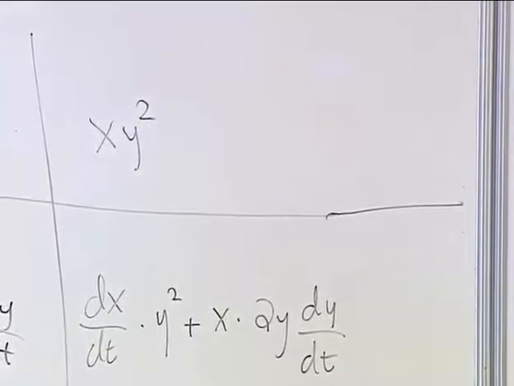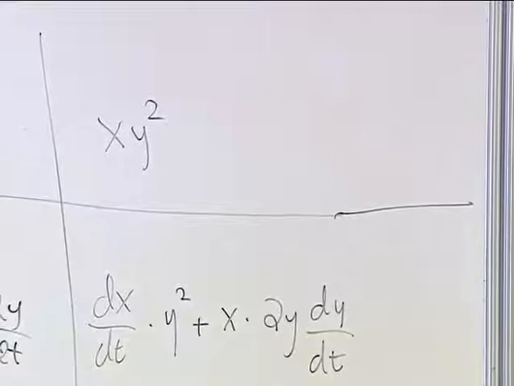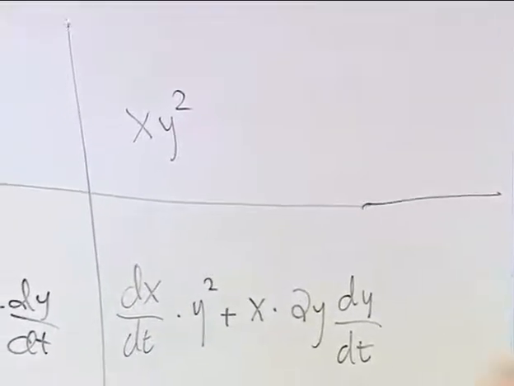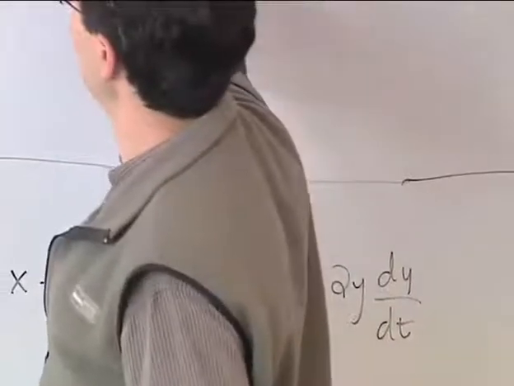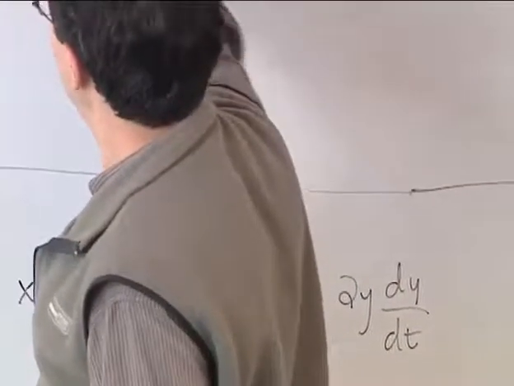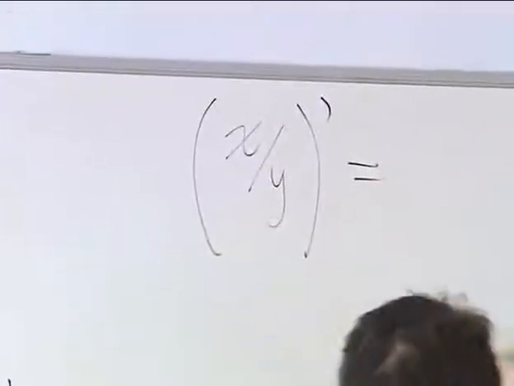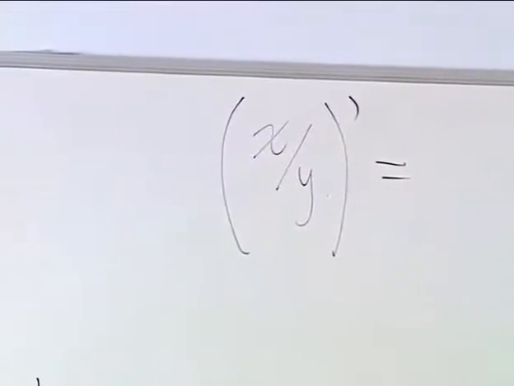See if you agree with that. If you're doing implicit differentiation and you see something like that, you're going to use the quotient rule.